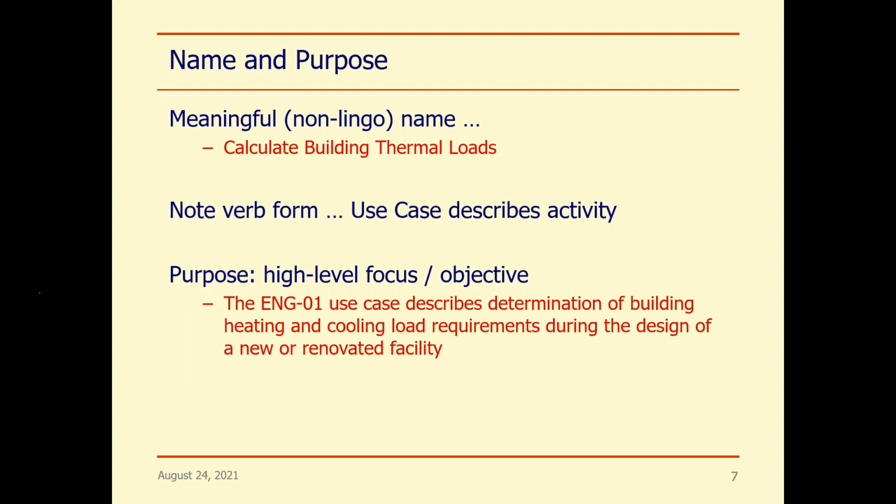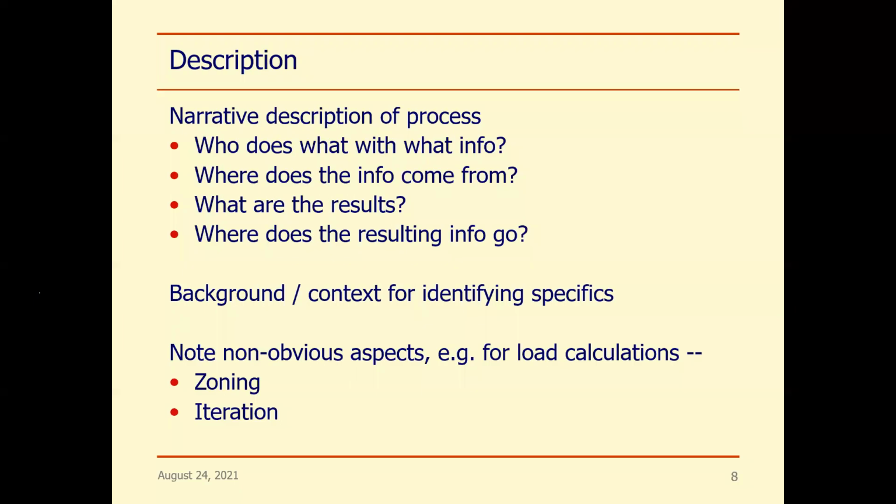And then next slide. So then there's a narrative, which is a description that says who does what with what info, where does the information come from, where does it go to, what are the results, where do the results go? And so it includes background and context for the specifics involved in the process.